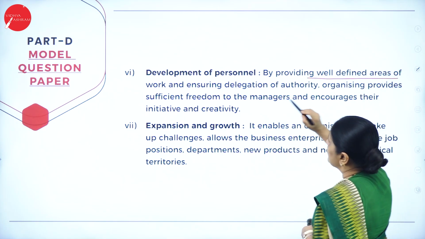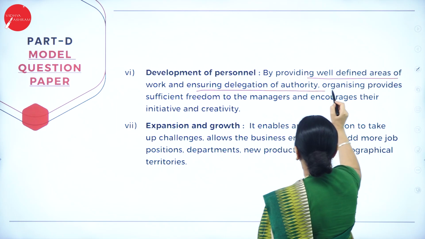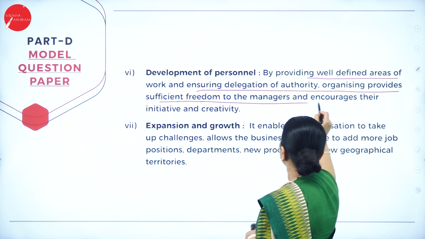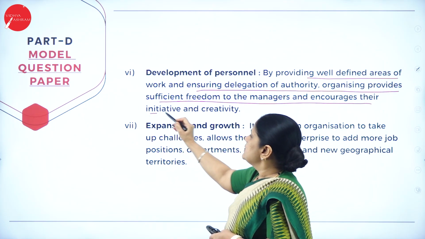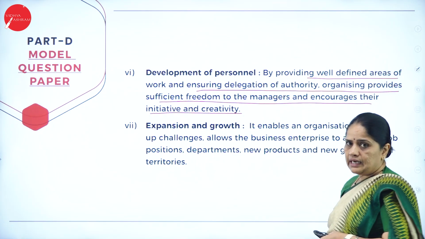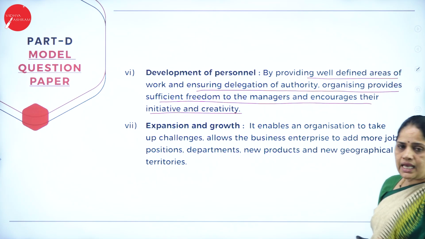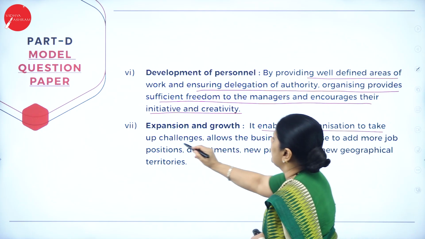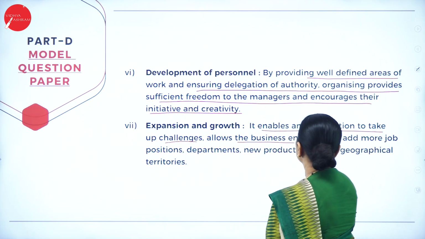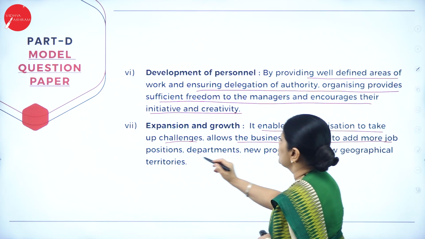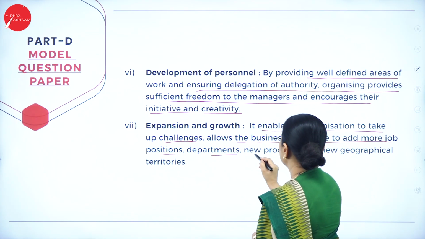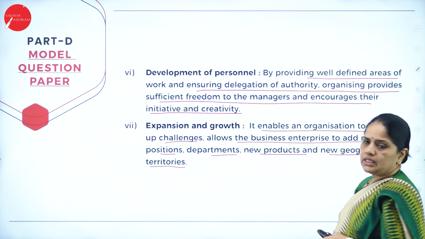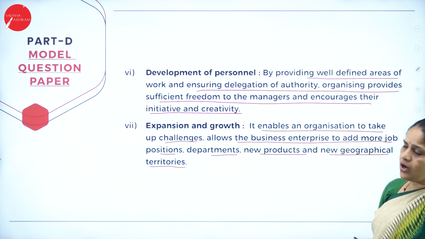By providing well-defined areas of work and ensuring delegation of authority, organizing provides sufficient freedom to the managers and encourages the initiative and creativity. The next one is expansion and growth. It enables an organization to take up the challenges, allows the business enterprise to add more job positions, departments, new products, and new geographical territories. So these are the importance of organizing.